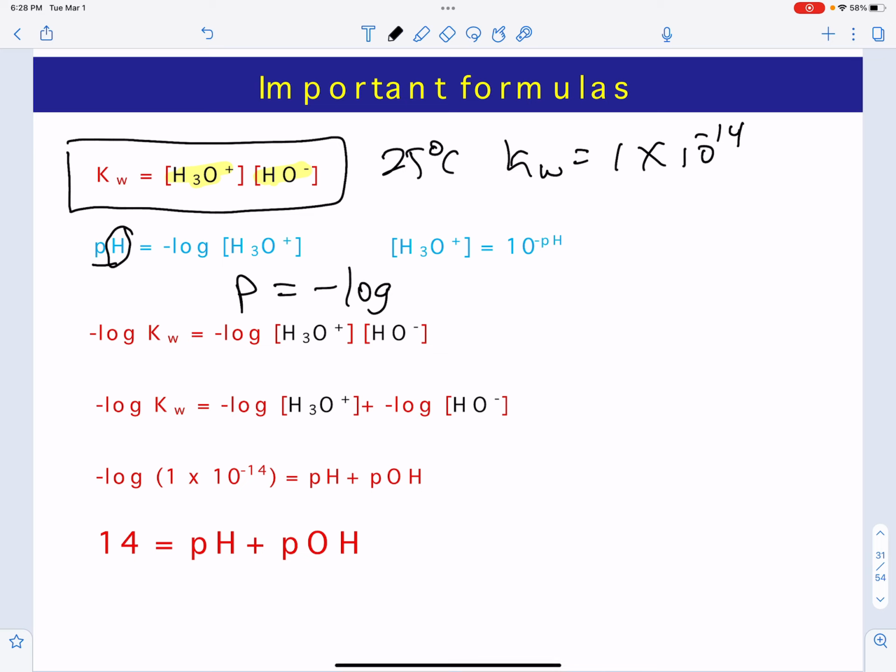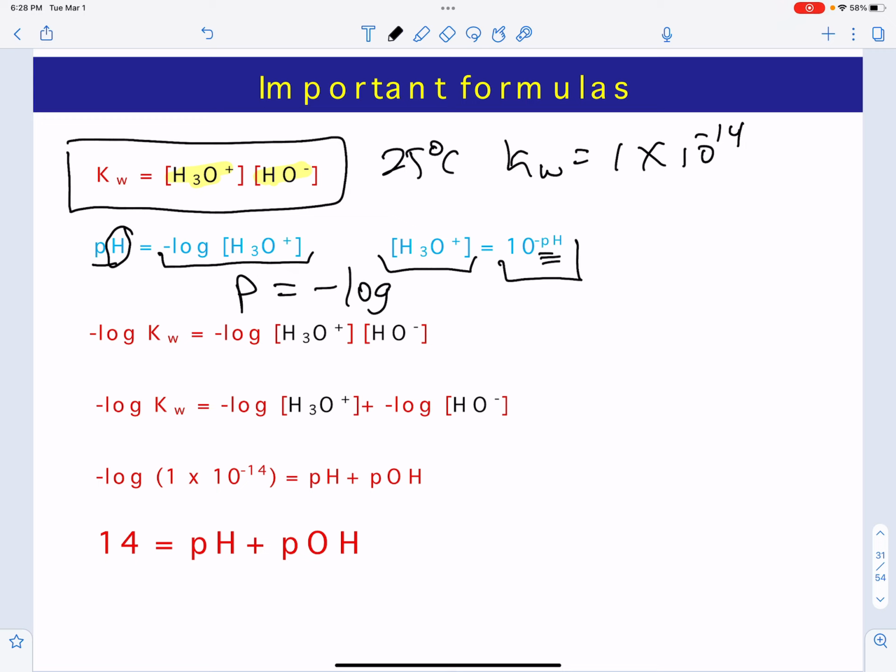H is for hydronium or H plus, so that's nothing more than the minus log of the hydronium concentration, and we use molarity. And you can do the opposite. If you're given the pH, then you can use this formula to find the hydronium concentration.